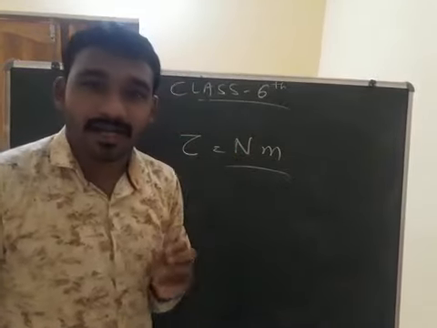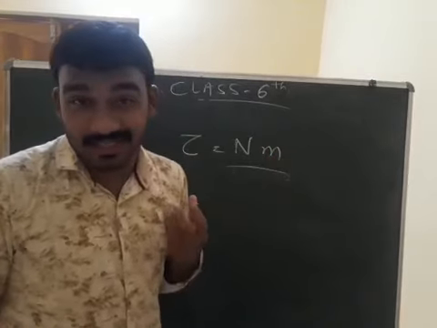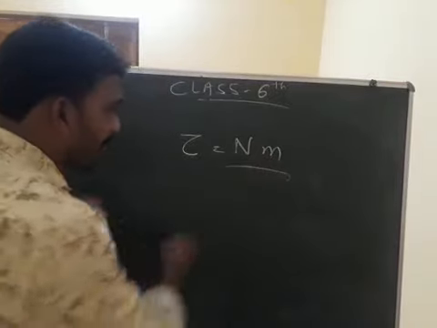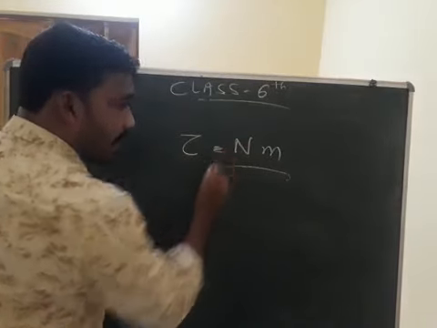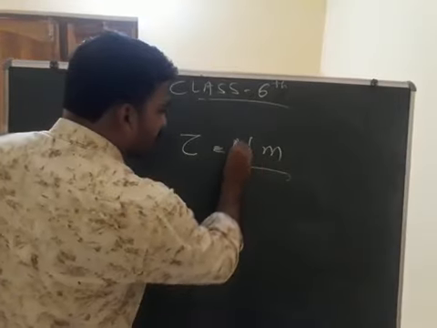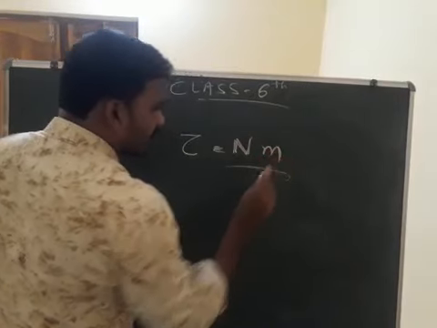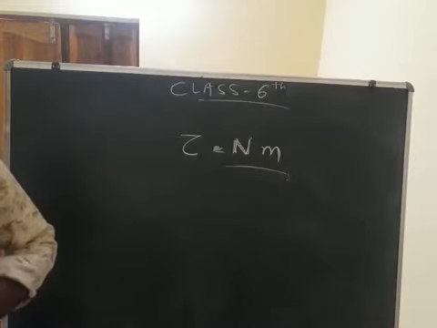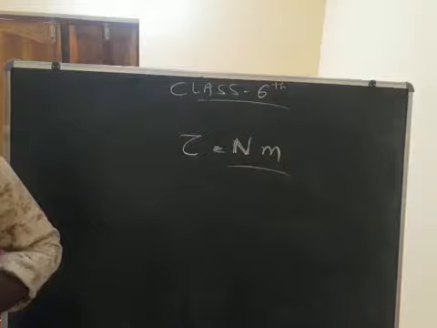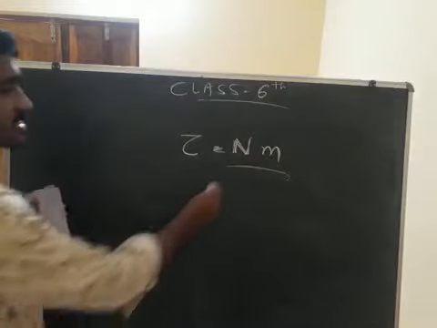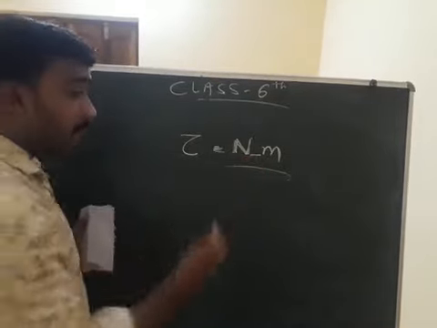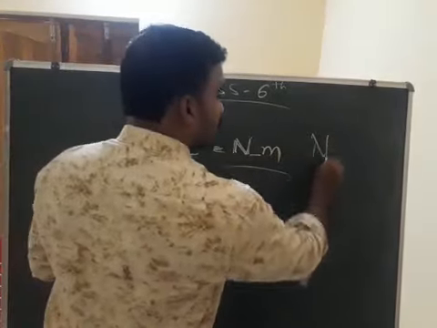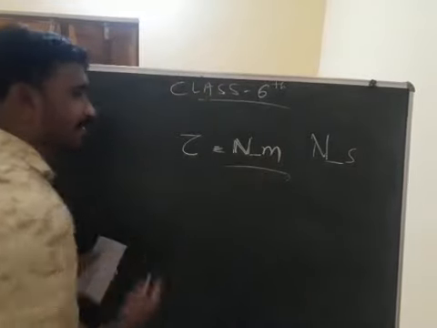Meter is small letter because it is not coming from a scientist's name. It is a combination of two units, so between Newton and meter there is a little space. Understood? When you are writing two units together, you should keep a space, like Newton meter, Newton second.